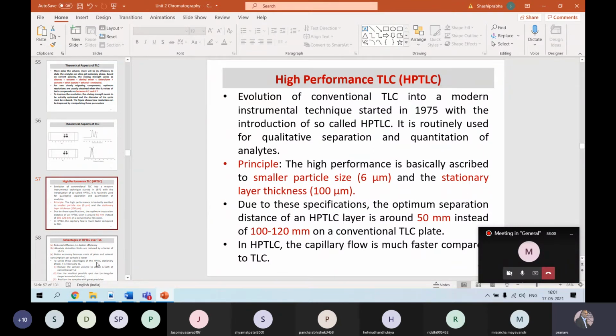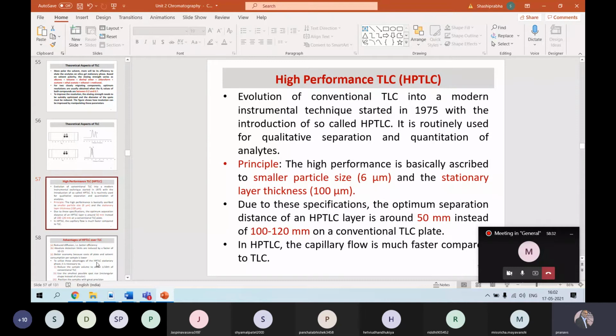And second is the thickness of the stationary phase, because that will contribute to the mass transfer term in the Van Deemter equation. In HPTLC, the stationary phase layer thickness is 100 micrometers, but in conventional TLC, it is 200 to 250 micrometers. So that is the difference between TLC and HPTLC.